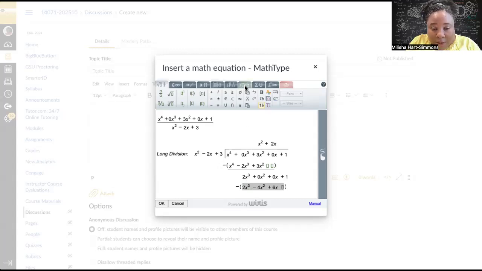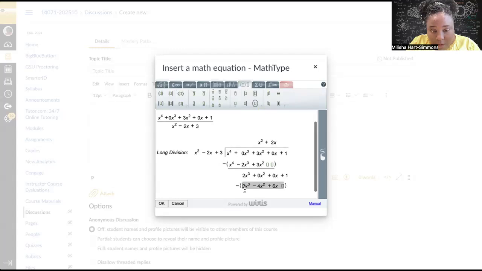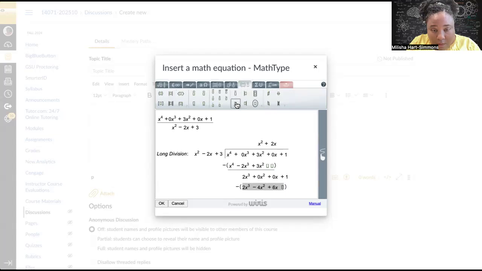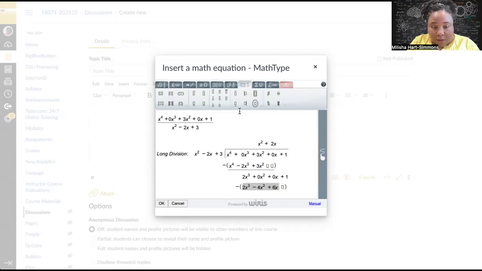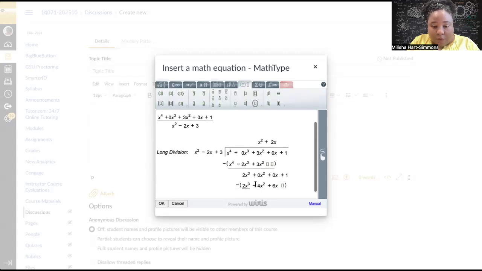I highlighted it, and let's see if this works. If not, I'm trying to see, can I insert the bottom enclosure, but I cannot. It has to be done at the beginning.